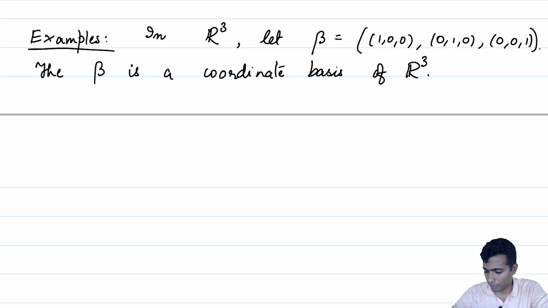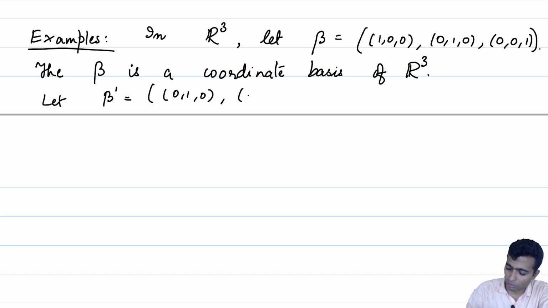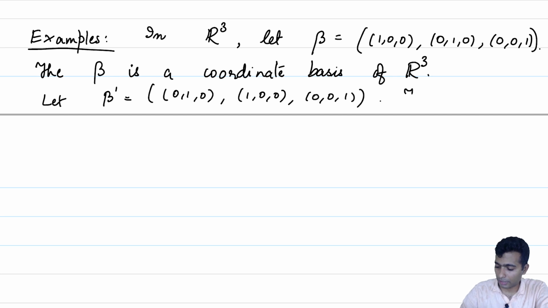As pointed out just a couple of minutes back, if we change the order, let beta prime be a new sequence which is obtained by, say, interchanging the first and the second vector. So let this be (0,1,0), (1,0,0), (0,0,1). Then beta prime as a set, the collection of these three vectors, is no different from the collection of vectors which we get from beta.